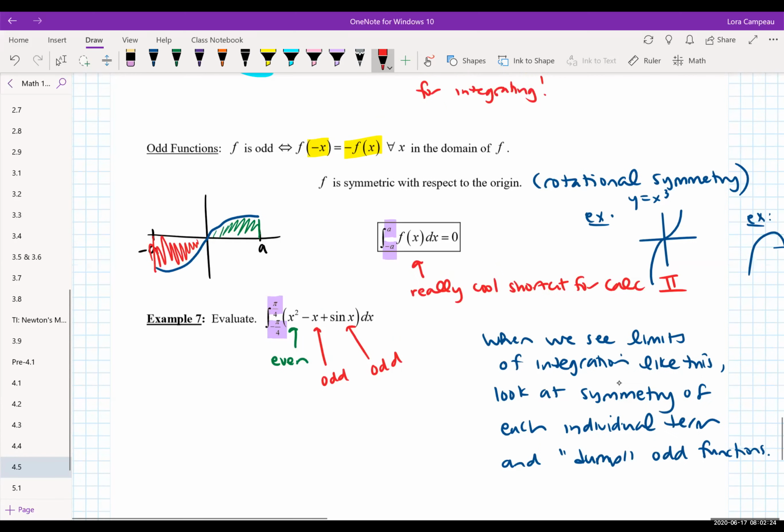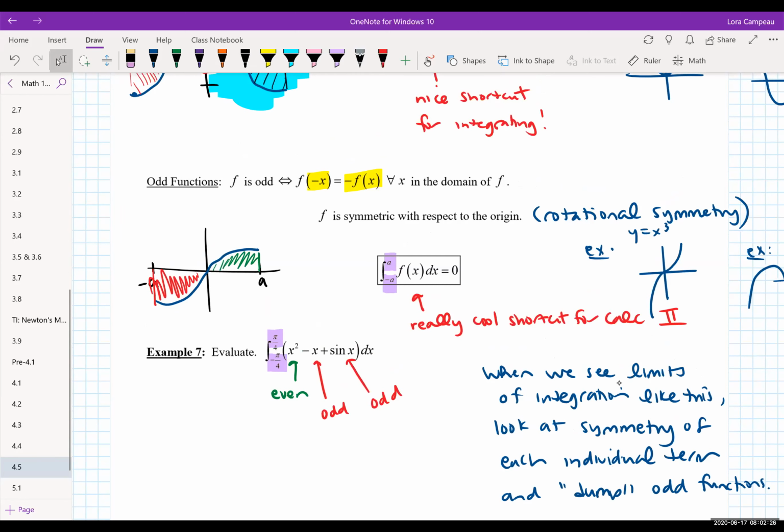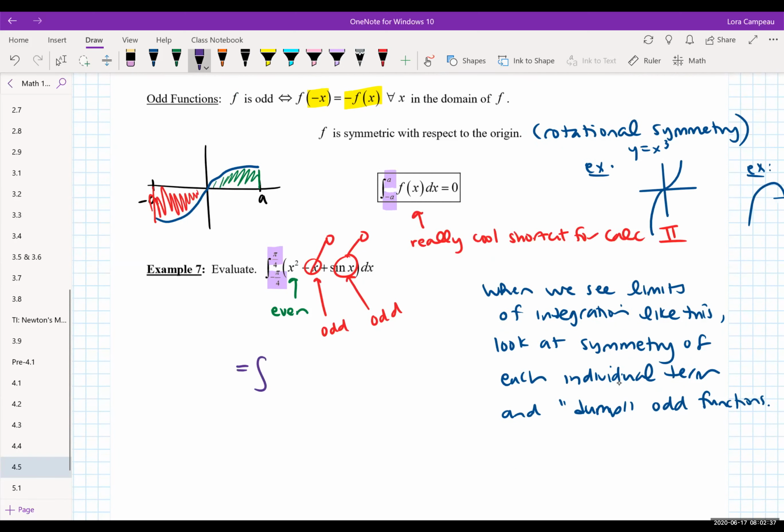Well, what happens with odd functions? If you have limits of integration that look like this, this term goes to 0, this term goes to 0, and now all you're left with is the integral from negative pi over 4 to pi over 4 of x squared with respect to x, of course. Because it's even, remember that it's 2 times this.